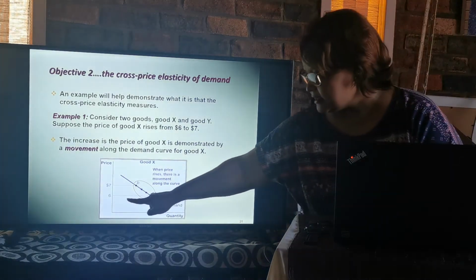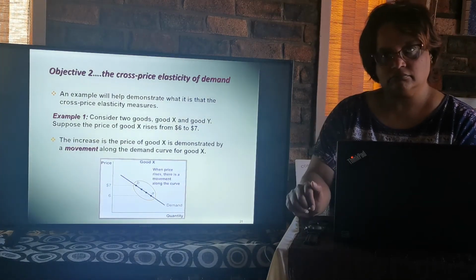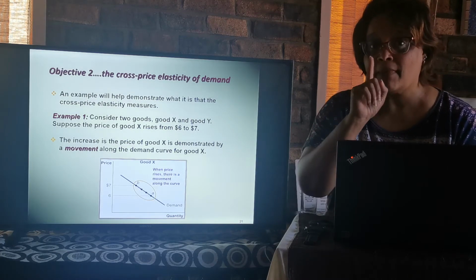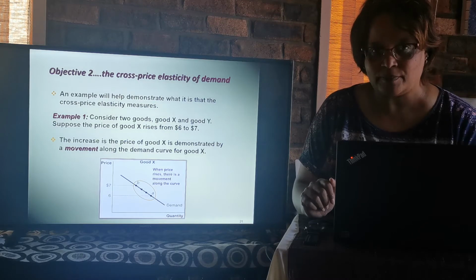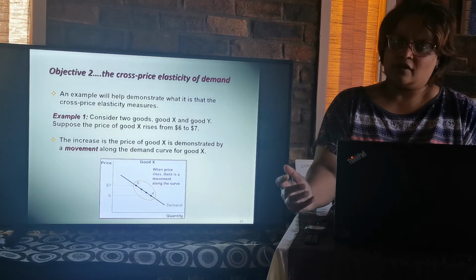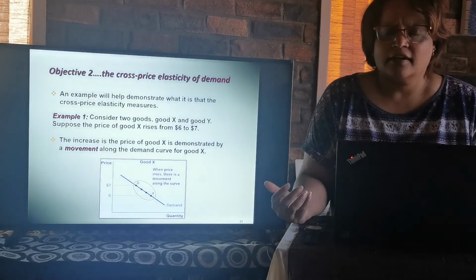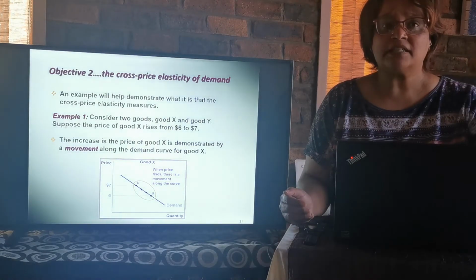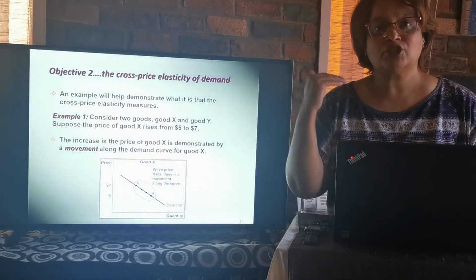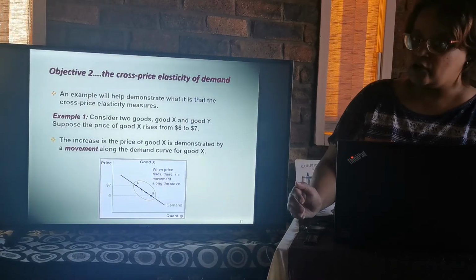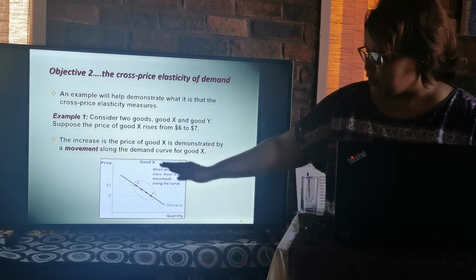Okay, so what do you think will happen to the demand of the good Y? If there's an increase in Coke, there will be a demand increase for Pepsi. Because you don't want to buy, you want to go buy the cheapest. Am I correct? So you don't want to buy the expensive Coke, you go buy the cheaper Pepsi. I think that is what this specific graph alludes to.